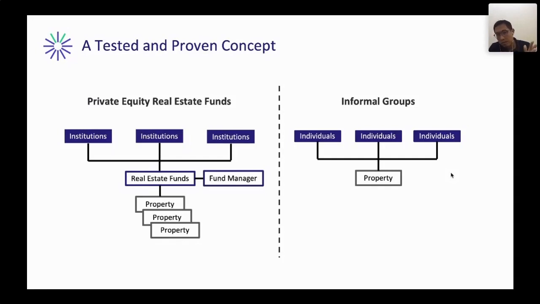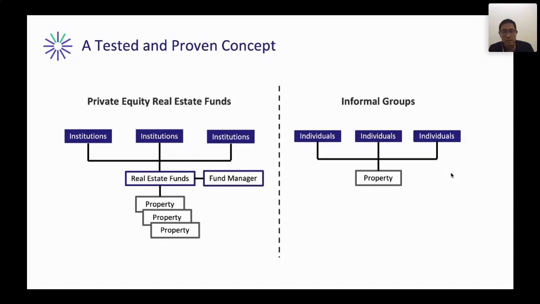But on the other side of the spectrum, on a personal level, many folks actually come together to co-invest in properties. Among friends, among family members, they pool their capital together. But as you can see, the larger institutions do it in a more structured manner, while on the individual basis, it's largely informal.